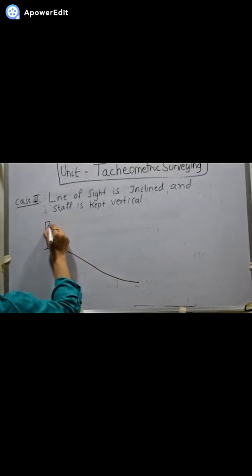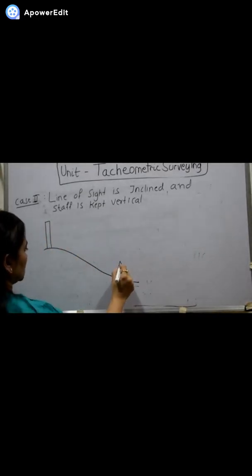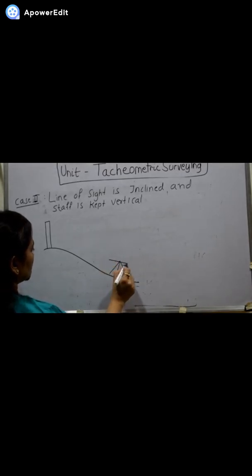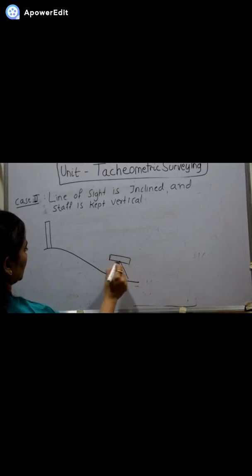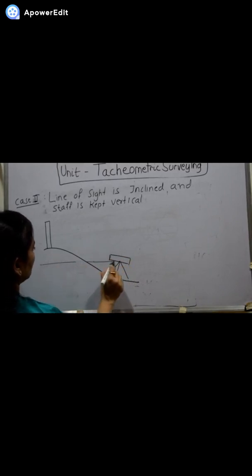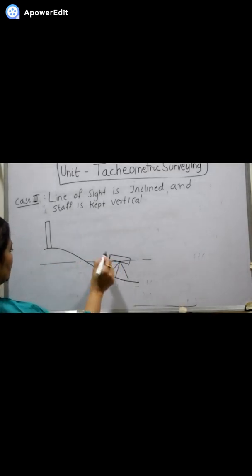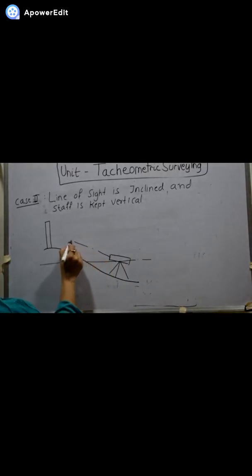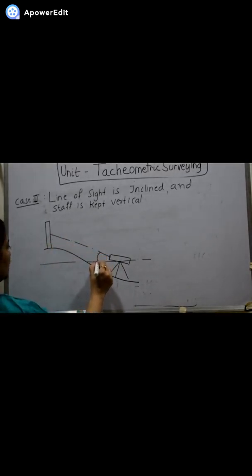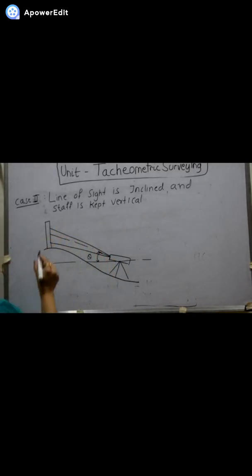Here this is the position of the staff, this is the position of the tachometer. Now this will be the horizontal axis when the telescope is kept normal. We have inclined it, so this is the middle hair here. The angle made by the middle hair with the horizontal axis or line of sight when the angle was 0 is taken as theta. This is the bottom hair, this is the top hair. So this will be the upper hair, middle hair and the lower hair.